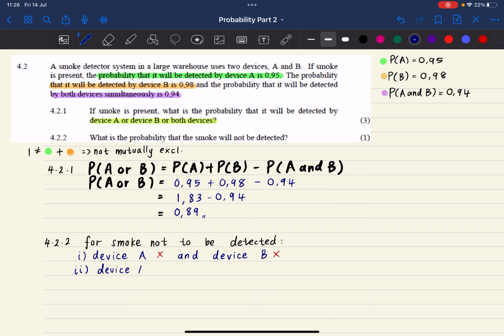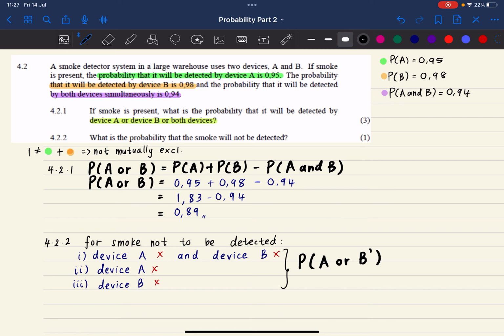So device A didn't, and device B didn't. All this to say, for smoke not to be detected, A didn't detect it, B didn't detect it, or both of them didn't detect it. So this is a nice, fancy way of saying we want to find the complement of A or B. That's what it's saying.